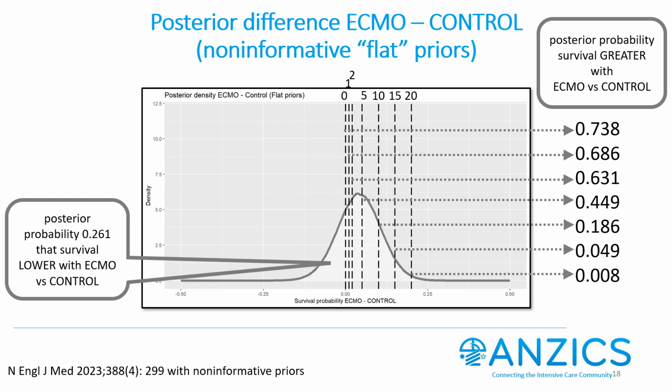And if I say, no, but I wanted at least 1% absolute better in terms of survival, we'll have a posterior probability of 68.6%. And if I say it must be at least 2% better, then I have a posterior probability of 63% that is the case. And can you see that all the way down to a posterior probability of only 0.008 that it's 20% or more better? So same data, but for me, a useful, richer way to describe what we have.